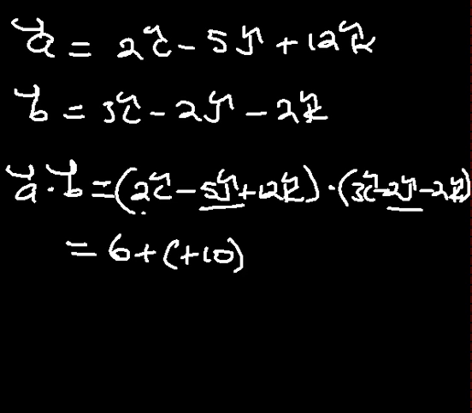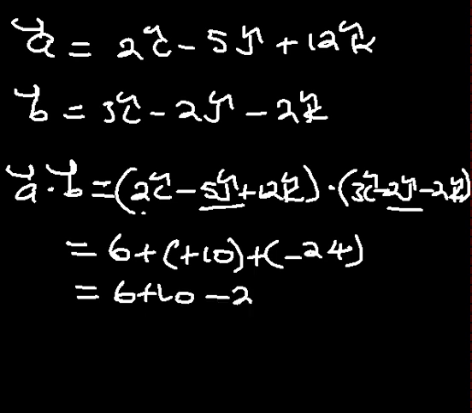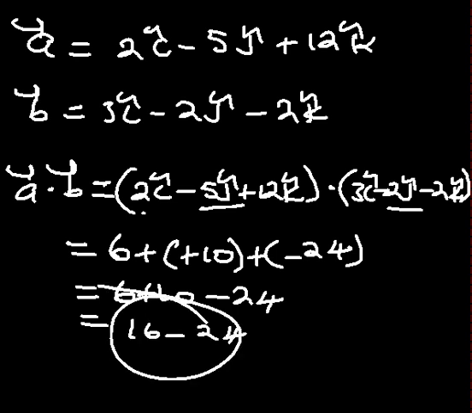Then 12k times negative 2k, which is plus negative 24. This is the same as 6 plus 10 minus 24, which means 16 minus 24. So you can take it from there.